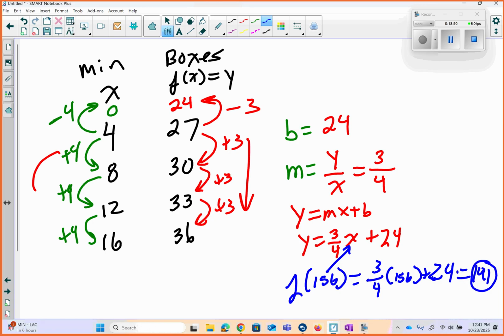So you are making 3 boxes every 4 minutes with this particular machine. Yeah. Okay. That works. And that means that when you started the day, you still had 24 boxes remaining from the day before, I guess, right? Yeah.